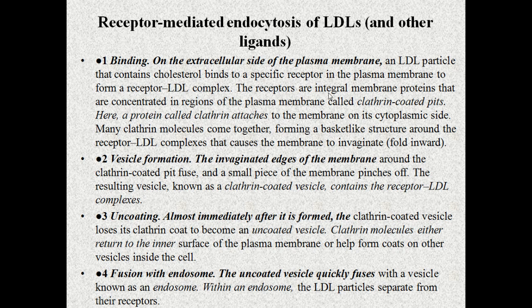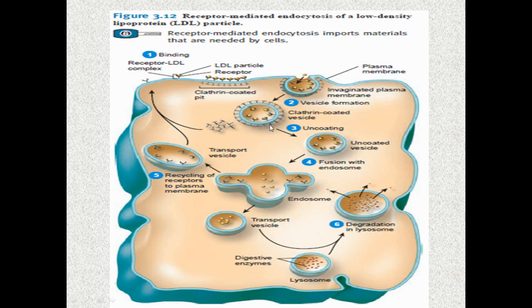The receptors are integral membrane proteins that are located in regions of the plasma membrane called clathrin coated pits. So the receptors are found near these clathrin coated pits. A protein called clathrin attaches to the membrane. We saw this earlier, this is all clathrin. This is a clathrin coated vesicle.